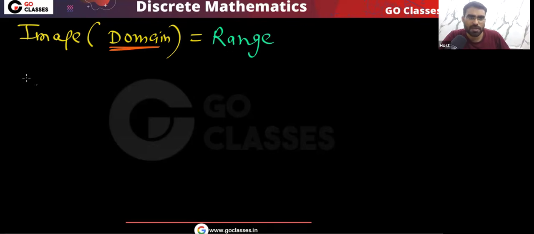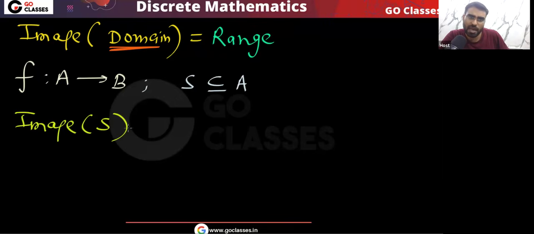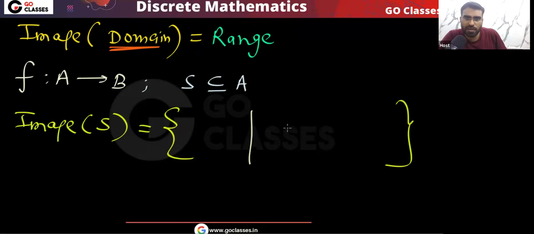Now tell me, if you have a function f from set A to set B, what is the formal definition? Let's assume S is a subset of A. Then what will be the image of S? Very simple. For every element of S, just find f(x).